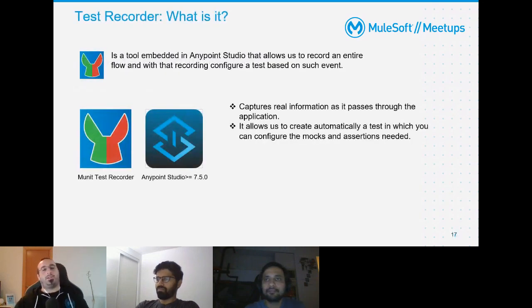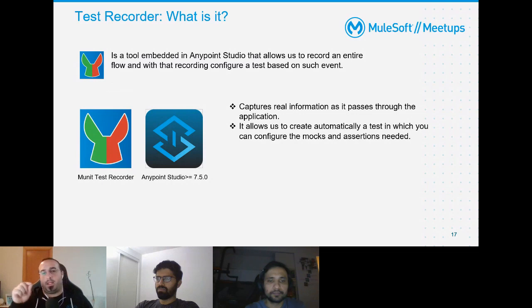Okay, so test recorder, what is it? Test recorder is a feature embedded in Anypoint Studio that allows us to record an entire flow, and with that recording, configure a test based on such event. Test recorder captures real information as it passes through the application.